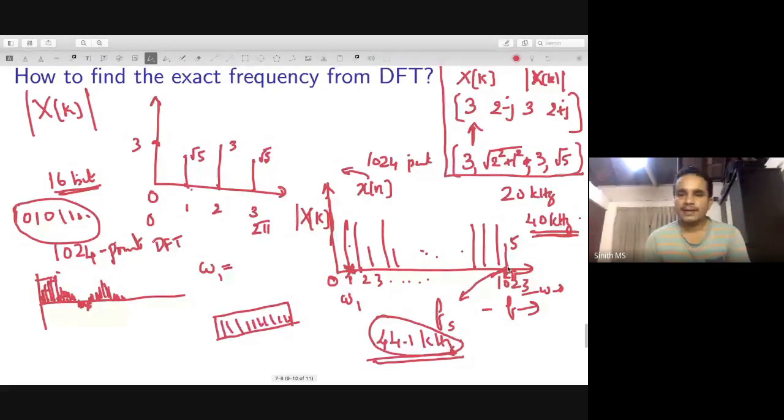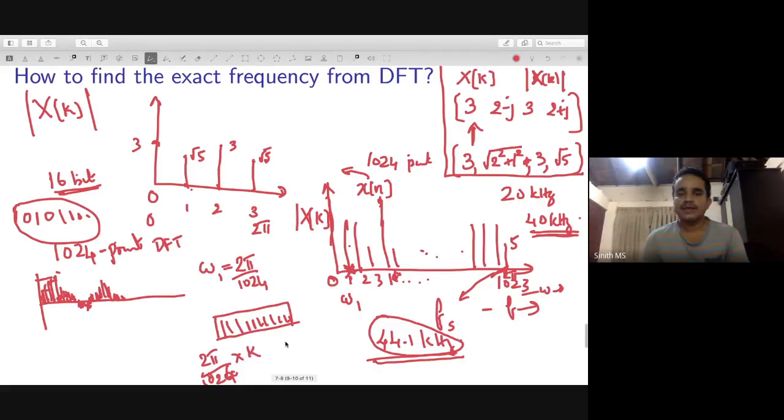Here you have 0 to 2 pi, so each interval will be 2 pi by 1024. So this omega 1 will be 2 pi by 1024. If you see a spike here, suppose you have a very high value at the kth point, that frequency can be found by 2 pi by 1024 times that kth value.